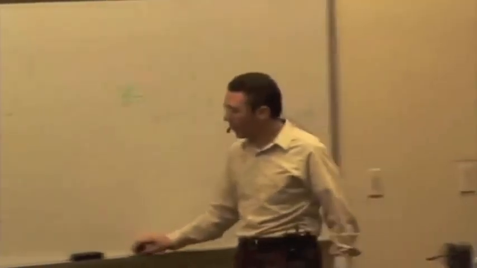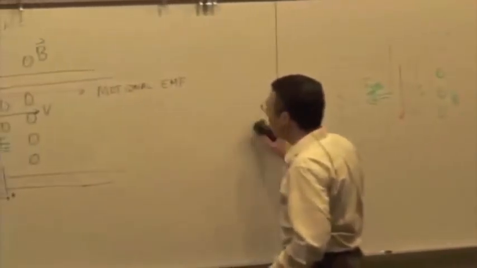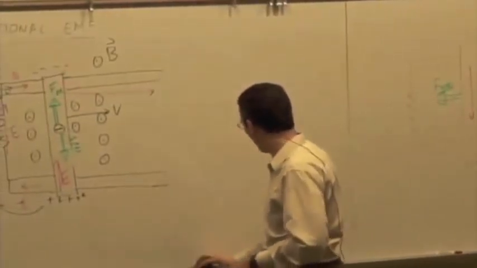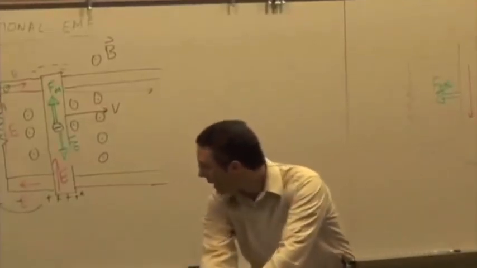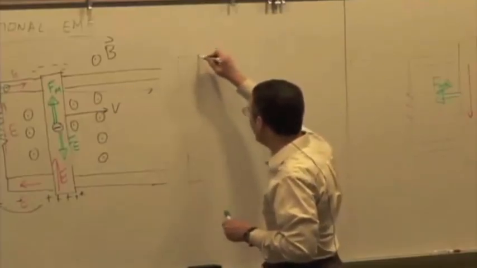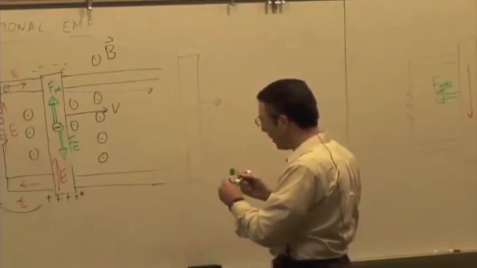Now you can think of this another way, and this might help clear it up a little bit. Let me draw this bar again. The bar is moving this way, okay?